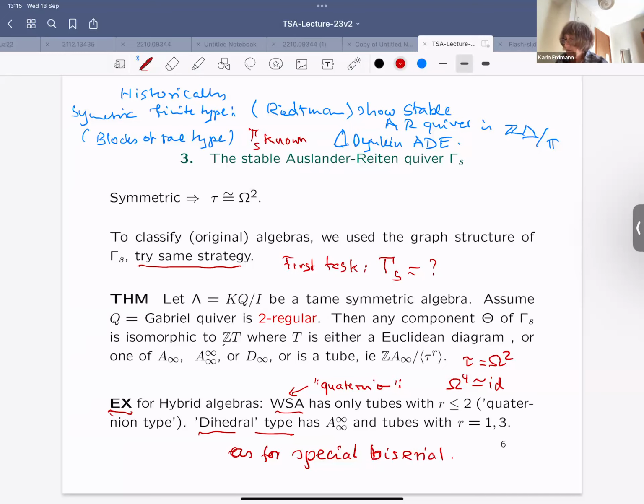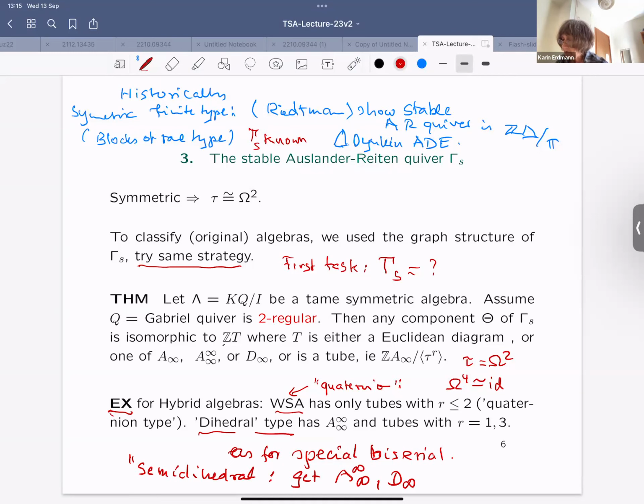Okay. And so for semi-dihedral type, I haven't talked about that very much. For the group setting, you get also A infinity and D infinity. And so in some sense, all these things do occur here.